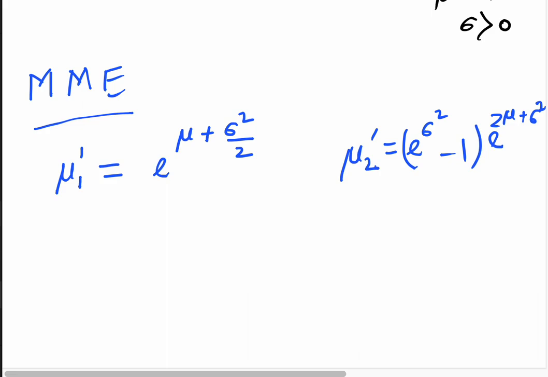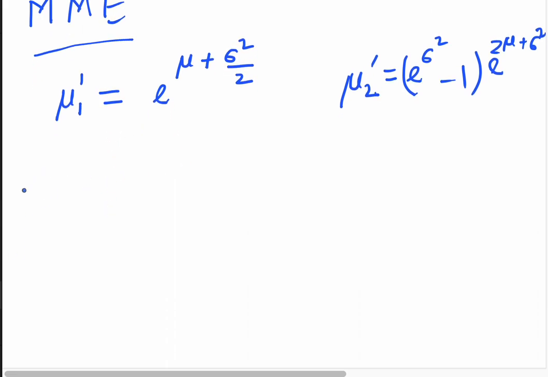Now from the method of moment estimator, we know that we have to calculate mu and sigma square in terms of the sample mean and sample variance. Suppose the sample mean is x bar and the sample variance is s square.